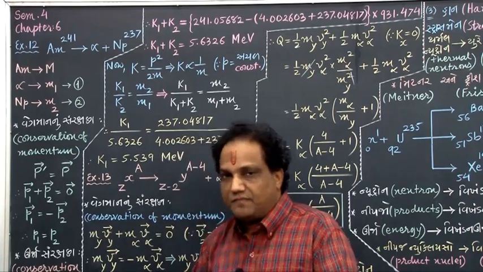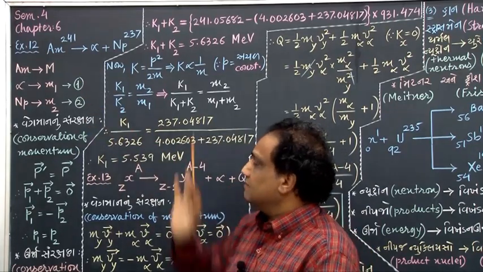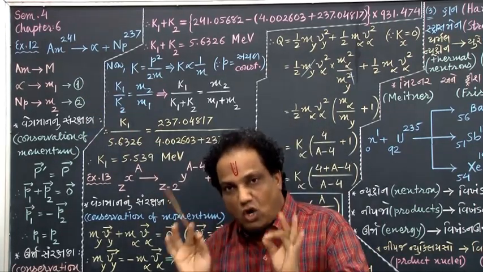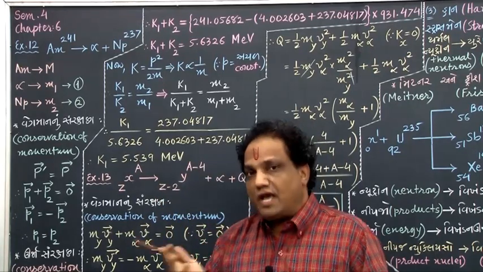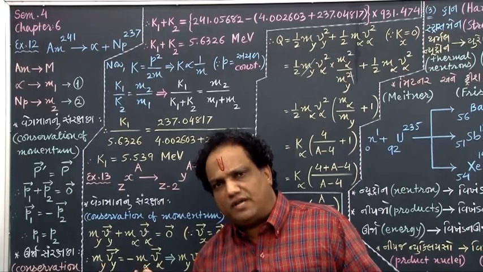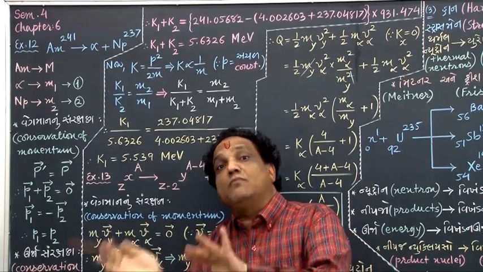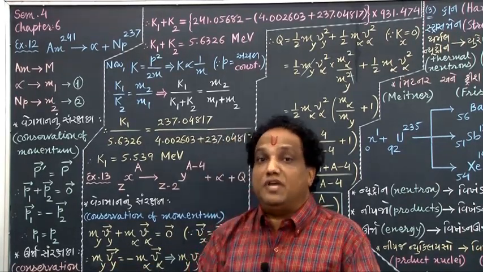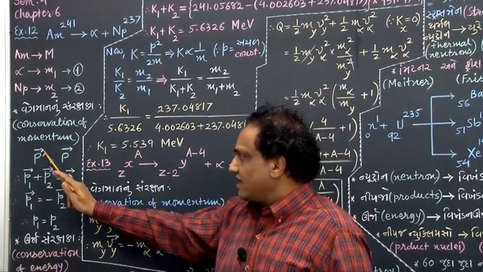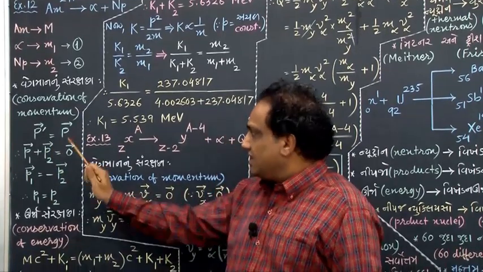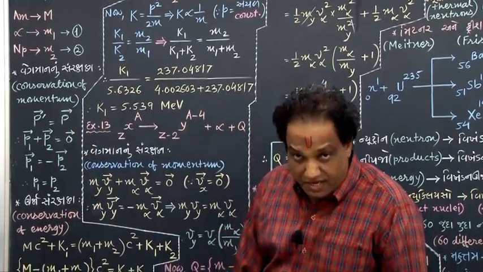Okay, fine. Now for this reaction, you just apply law of conservation of linear momentum. According to that law, mathematically you can write final momentum is equal to initial momentum. Final momentum is suppose vector p dash, initial momentum is suppose vector p.